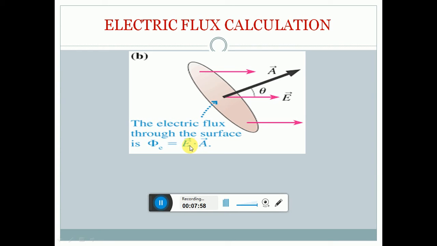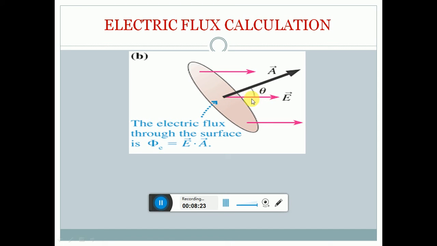Why do we have to consider the dot product here? If you see this diagram clearly, the area is making an angle theta with the electric field. If you consider the components of the area, A cos theta acts horizontally, A sin theta acts vertically. There is no electric field passing vertically here, so no need to consider the vertical component.